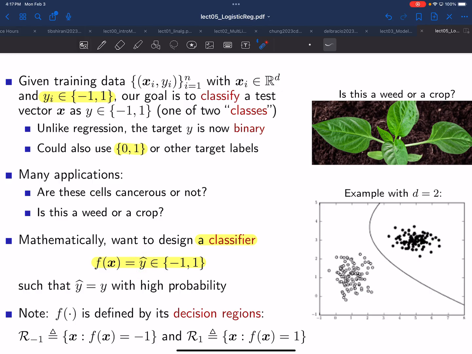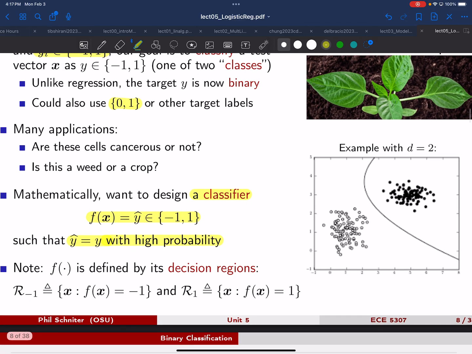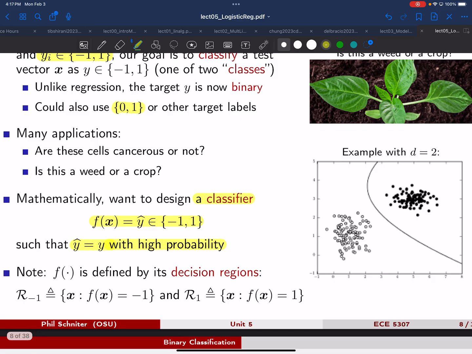So really, it's not about how close y and y hat are, something like y minus y hat. It's not about that anymore. It's about whether they agree or disagree. And we would like that they agree with high probability or often. That's our goal.